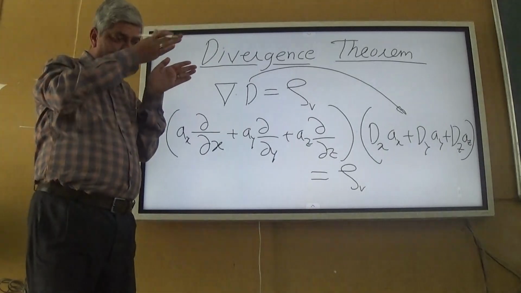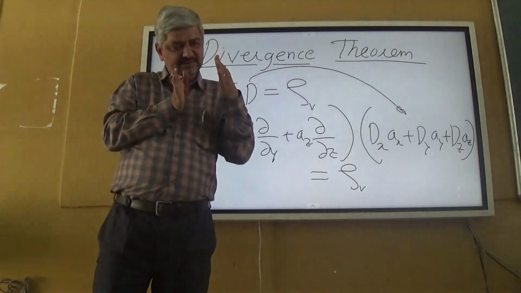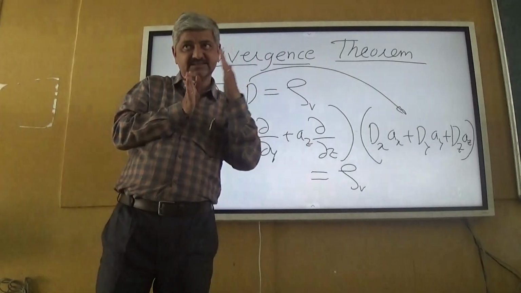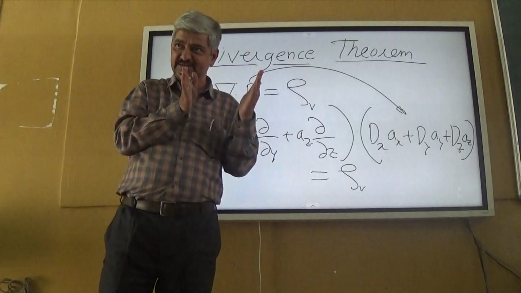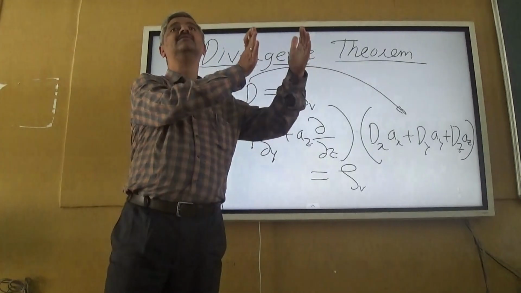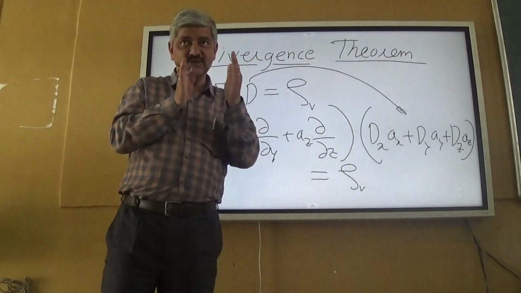if we talk like this, D on the right hand surface and D on the left hand surface, D on the right hand surface, D on the left hand surface into dy dz. Then what we did?